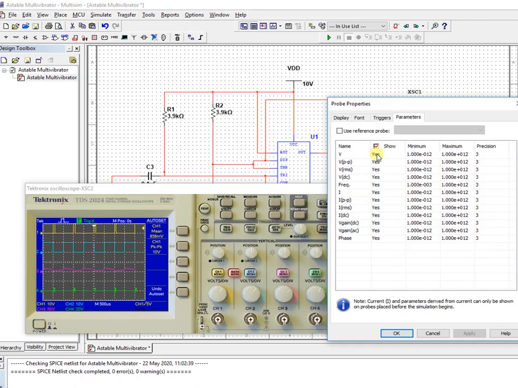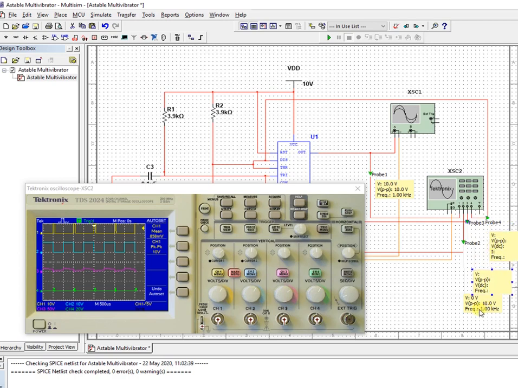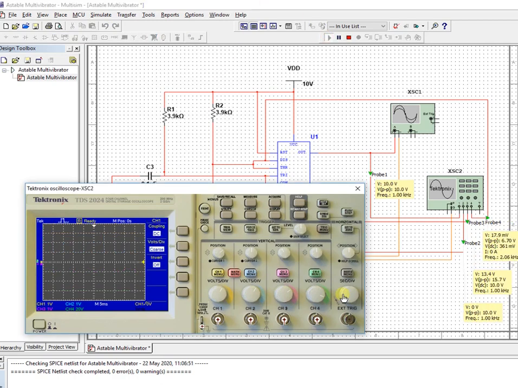So I will connect the probes to both pin number 2 and pin number 7. So as you can see, the probe corresponding to pin number 3 is the output, which is having an output voltage of approximately 9.97 volt, close to 10 volt.